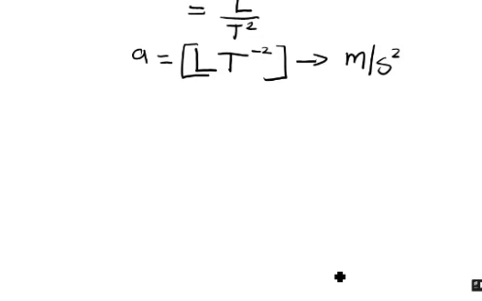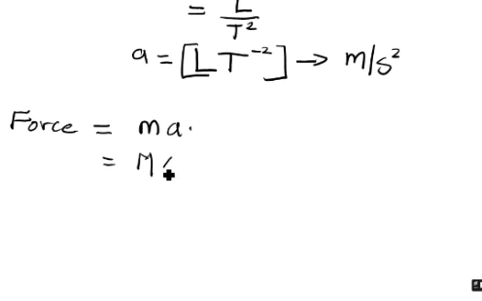Let's go to force. Force is a vector quantity. Force is a product of mass times acceleration. This is mass M. Acceleration is velocity all over time.